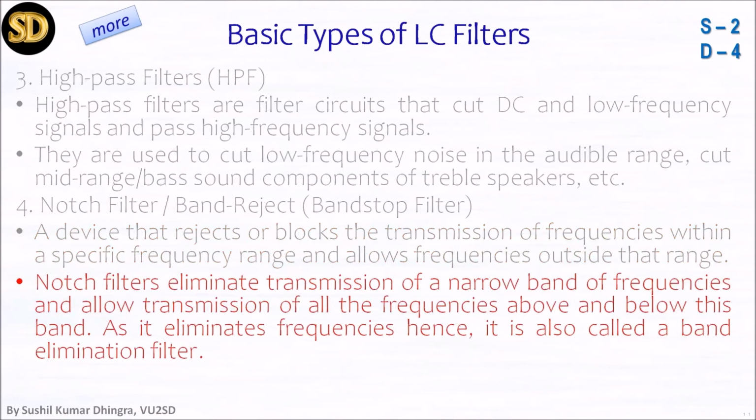The notch filter eliminates transmission of a narrow band of frequencies such as AC ripples or continued noise coming from some other source like CFL, and allows transmission of all other frequencies above and below this band. As it eliminates a specific group of frequencies, it is called a band elimination filter. You will find this in most HF sets in amateur radio.